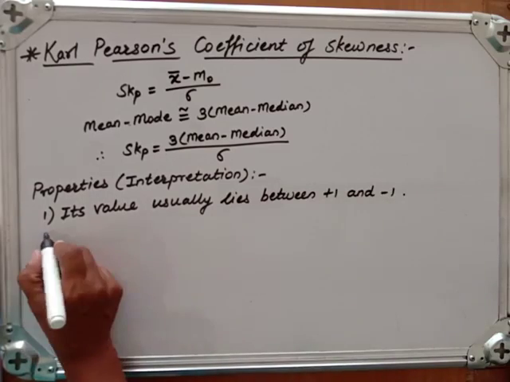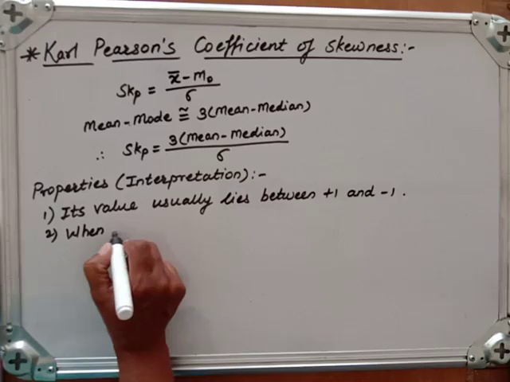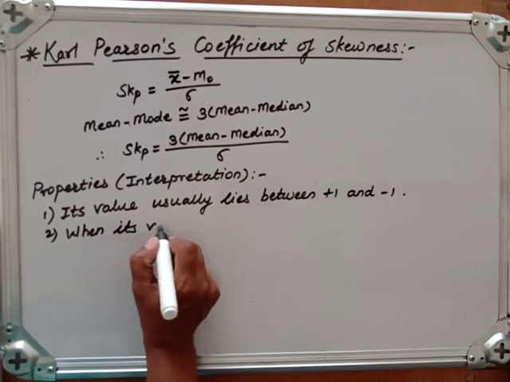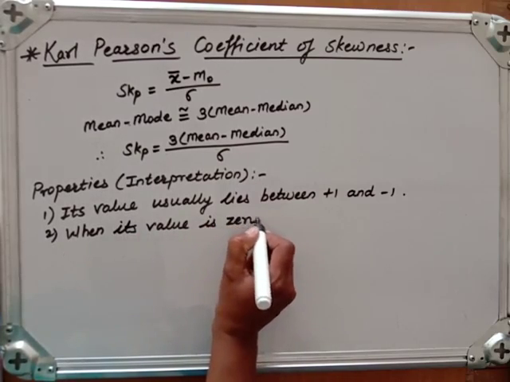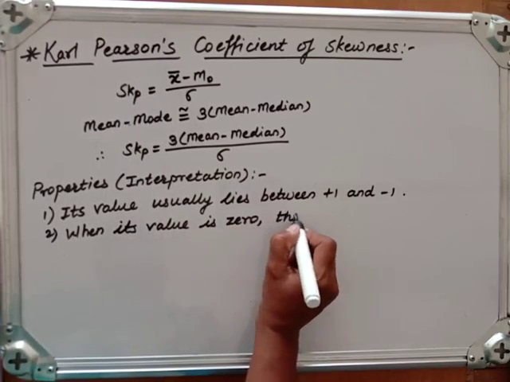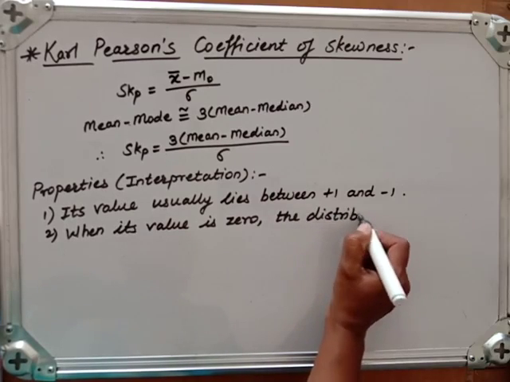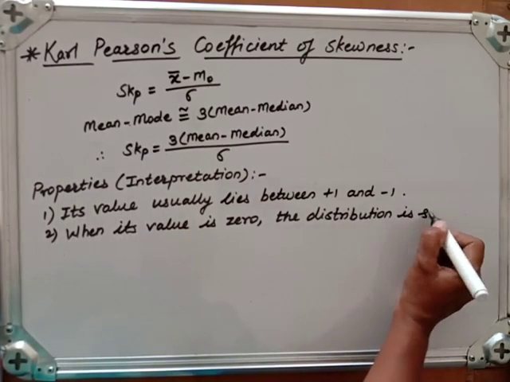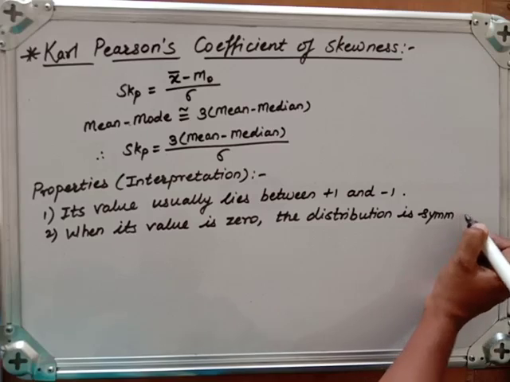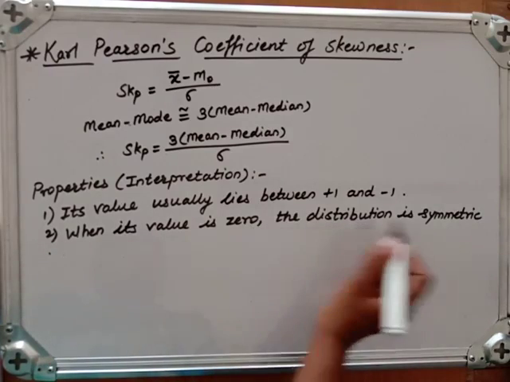Second, when its value is 0, the distribution is symmetric. If its value is 0, the distribution is symmetric.